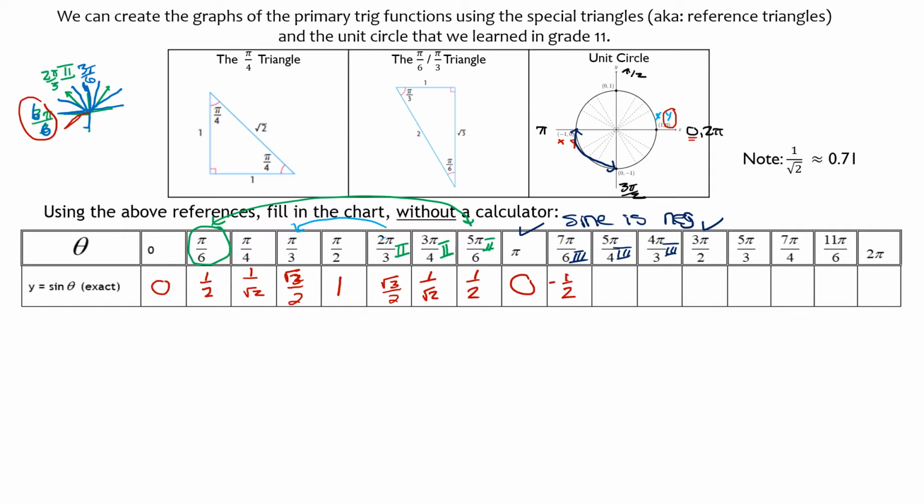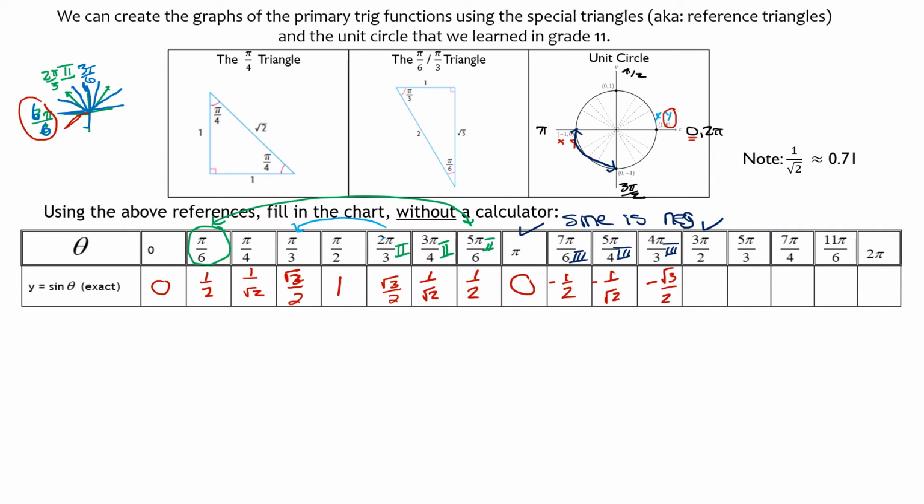So 7 pi over 6 is negative 1/2. 5 pi over 4, ignore the 5. Pi over 4 was, looking back on our chart, 1 over root 2, and in quadrant 3, that's negative. 4 pi over 3 is going to be negative root 3 over 2.